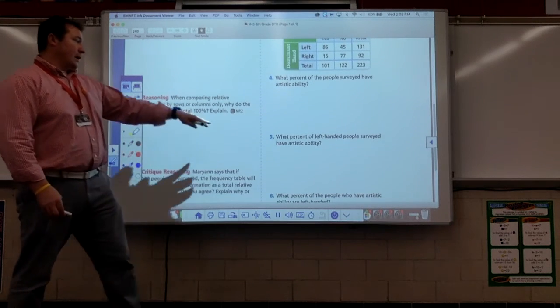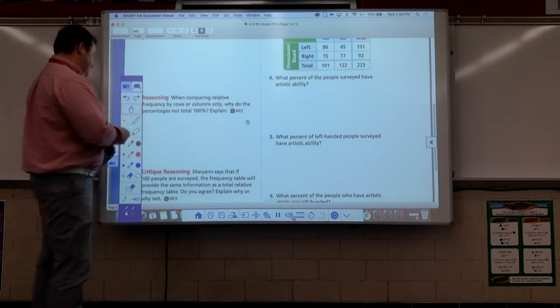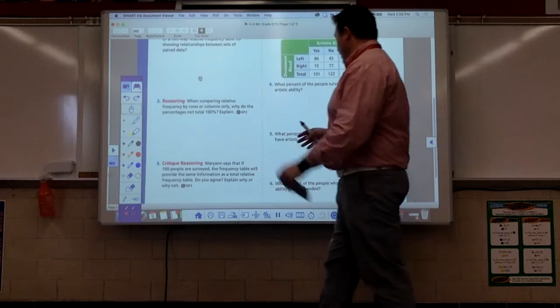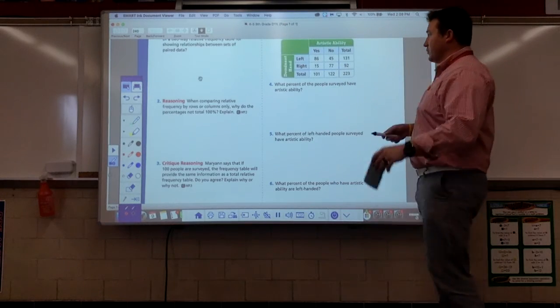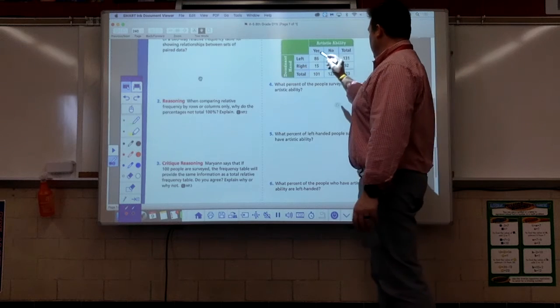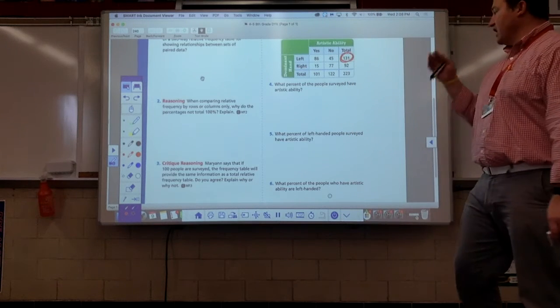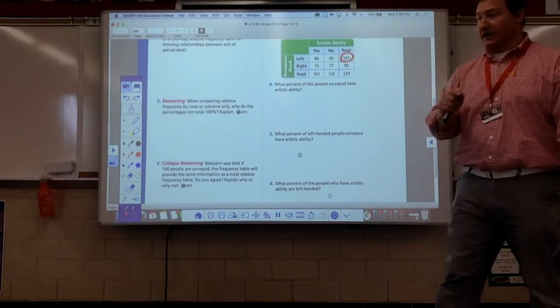Next question. What percent of left-handed people have artistic ability? Again, let's go find our two numbers we're going to use. So, left-handed people. How many left-handed people did we survey? Find that number. I got it right here. 131. How many of them have artistic ability?